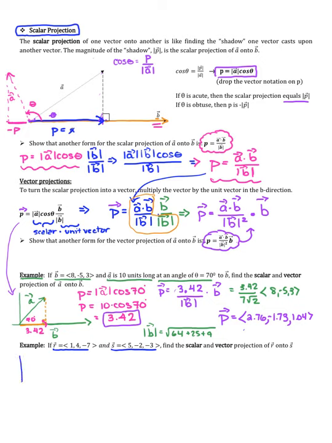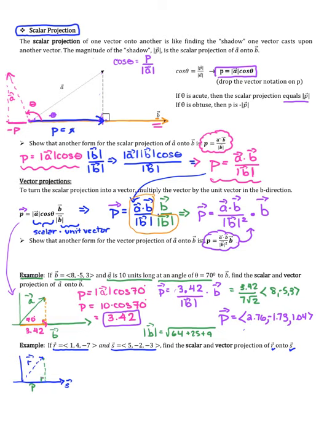So again, how do I know which one is which? Well, we are doing the projection of R onto S. So what that tells me is that S is the vector down here, R is going to be this vector, and so we are going to find first the scalar projection and then turn that scalar into a vector.